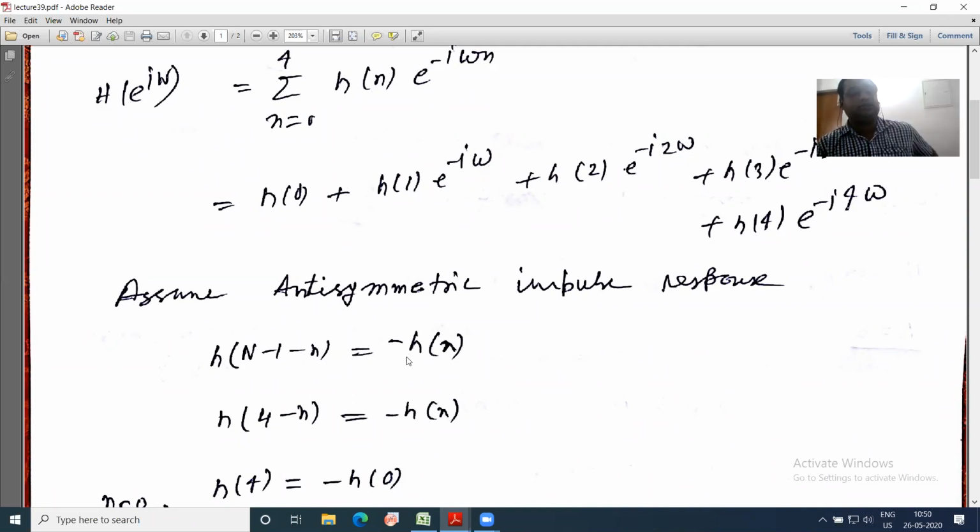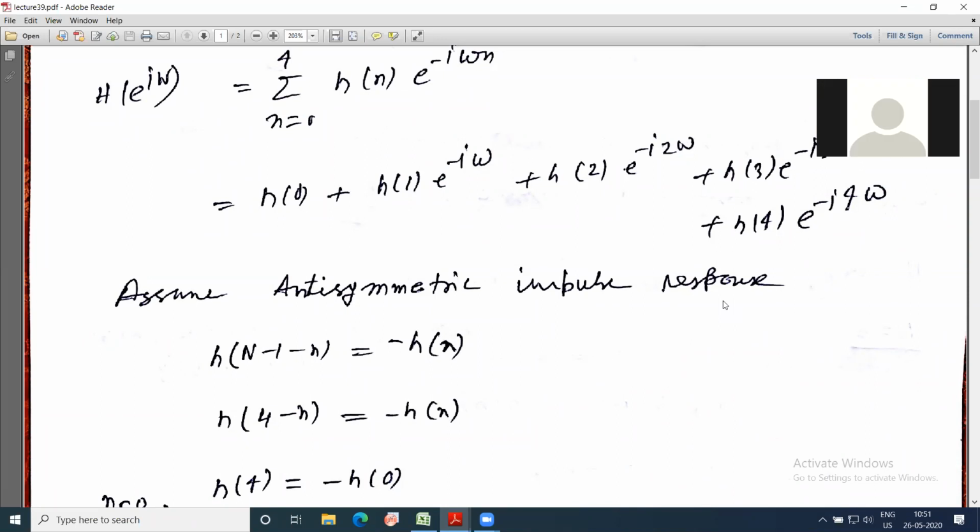Now I am writing minus of hn. That is called the antisymmetric impulse response. We are now discussing the third condition.